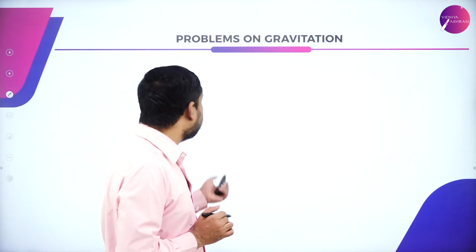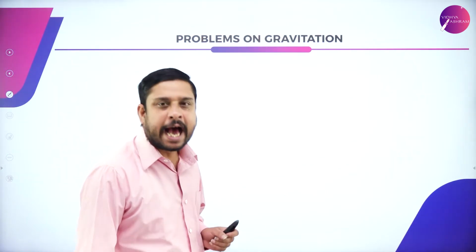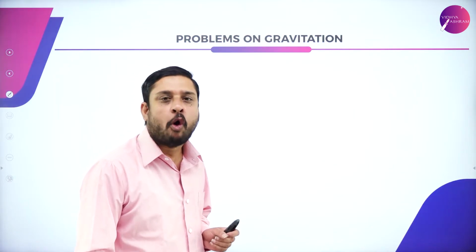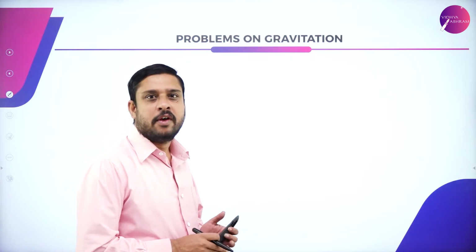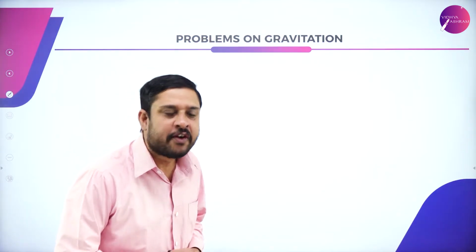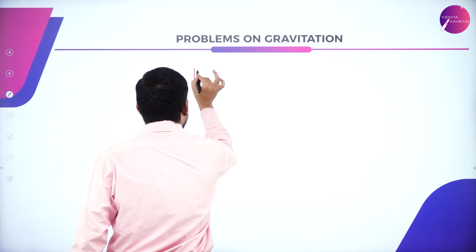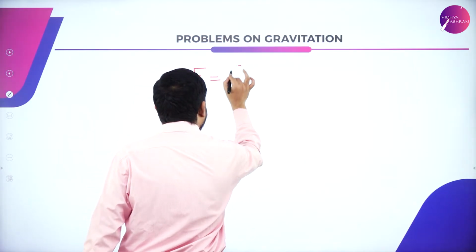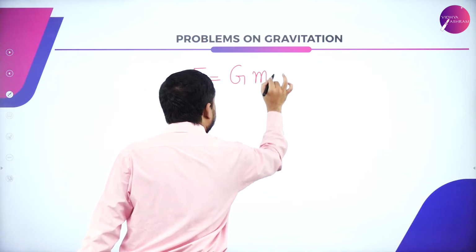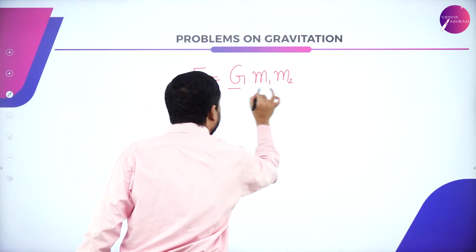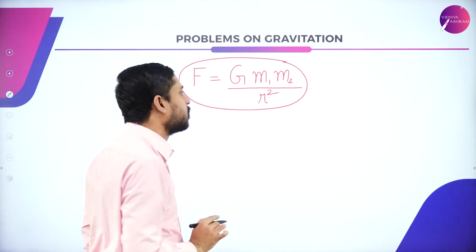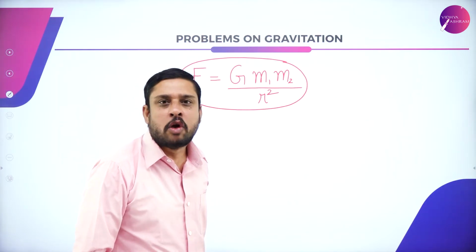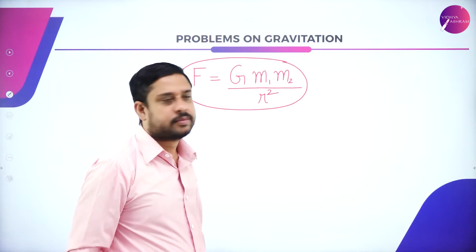Provided this data, I have to calculate the force of attraction, gravitational force, for which I use Newton's law of gravitation, where I write F equals G M1 M2 by R square. So we get this expression from Newton's law of gravitation.